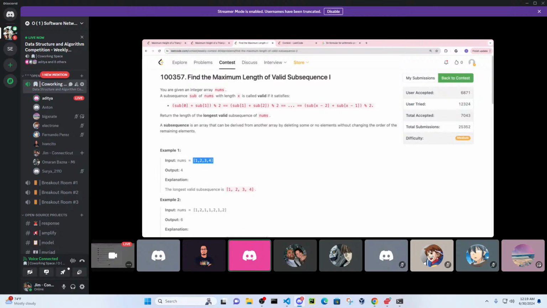For example, in this case, 1 plus 2 is 3, 3 mod 2 is 1, 2 plus 3 is 5, 5 mod 2 is 1, and 3 plus 4 is 7, 7 mod 2 is 1.